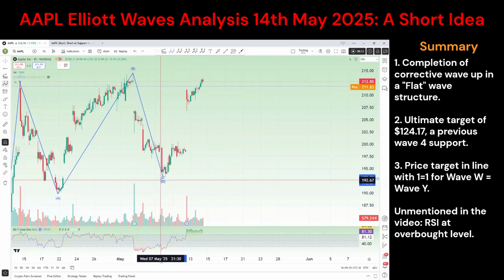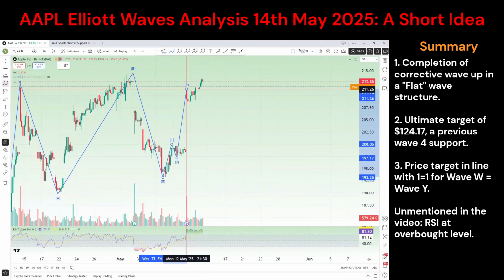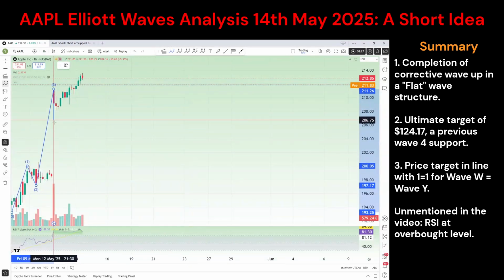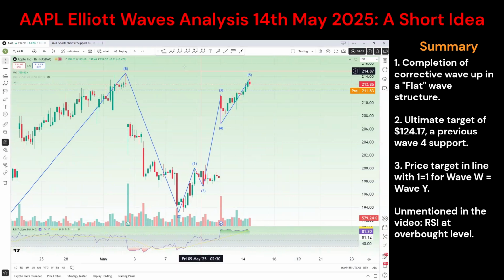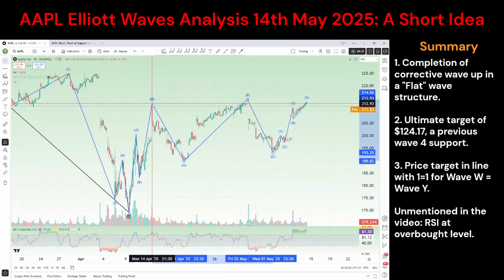If I put this as the bottom, 1, 2, 3, 4, 5, it's probably something like this, 1, 2, 3. So within this hour, you actually have a choice whether you're going to do this or this. It doesn't matter that much, unless you're going to do a confirmation. Okay, so for now, I will just put this as a B C, and then a 5 wave, right?